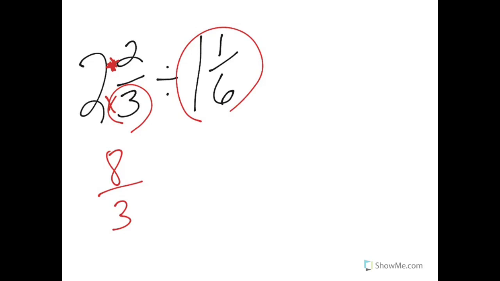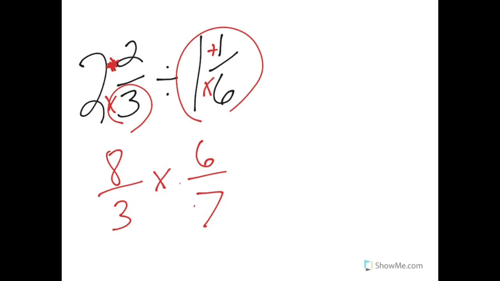This one over here, I'm going to multiply. 6 times 1 is 6, plus 1 is 7. Denominator stays the same. Now, what I want to do is multiply. But I can't just multiply across because all I've done is convert it. I haven't found the reciprocal yet. The reciprocal of 7/6 would actually be 6/7. So I'm going to flip those. Now I can multiply across.